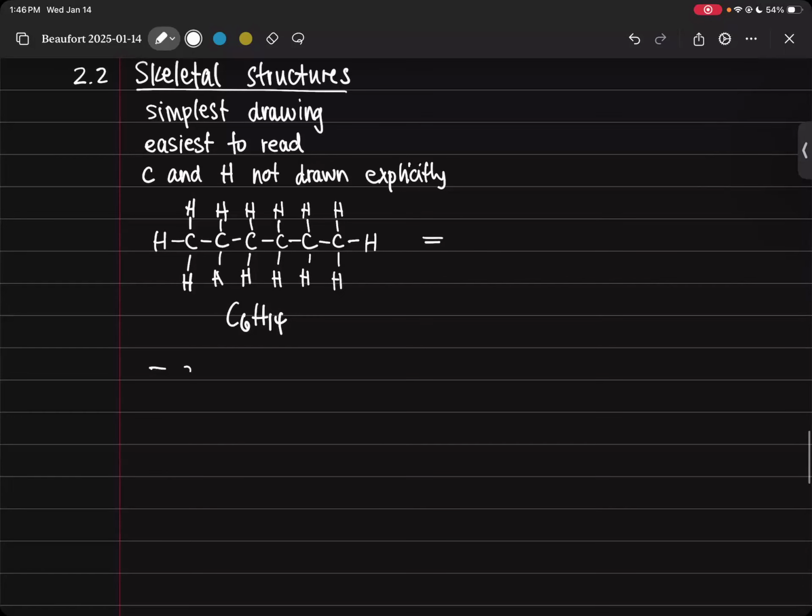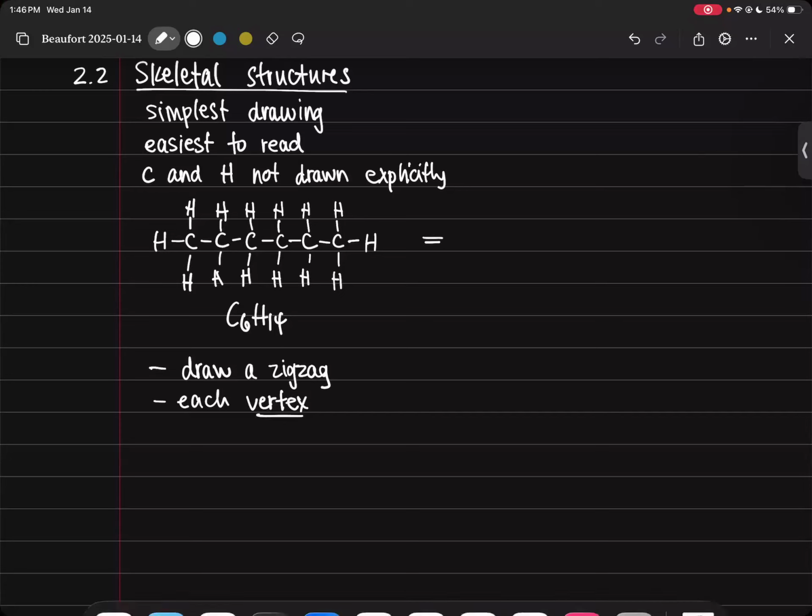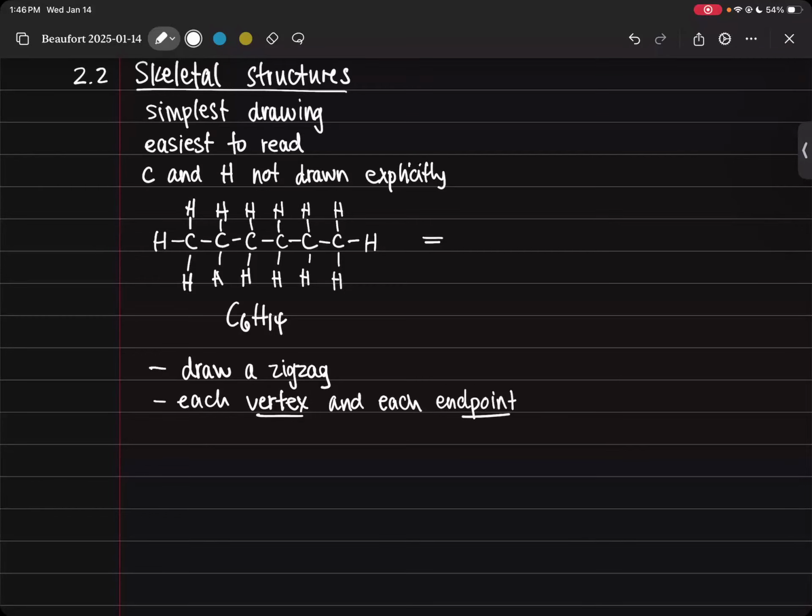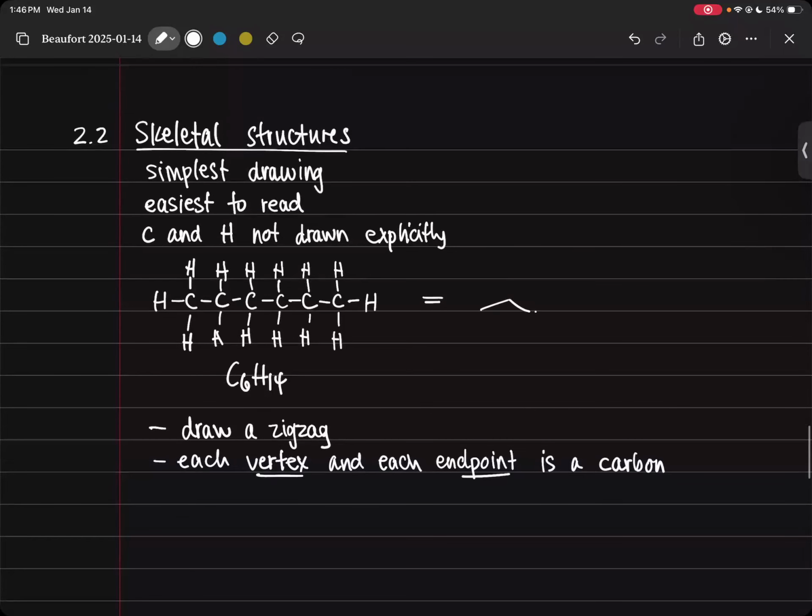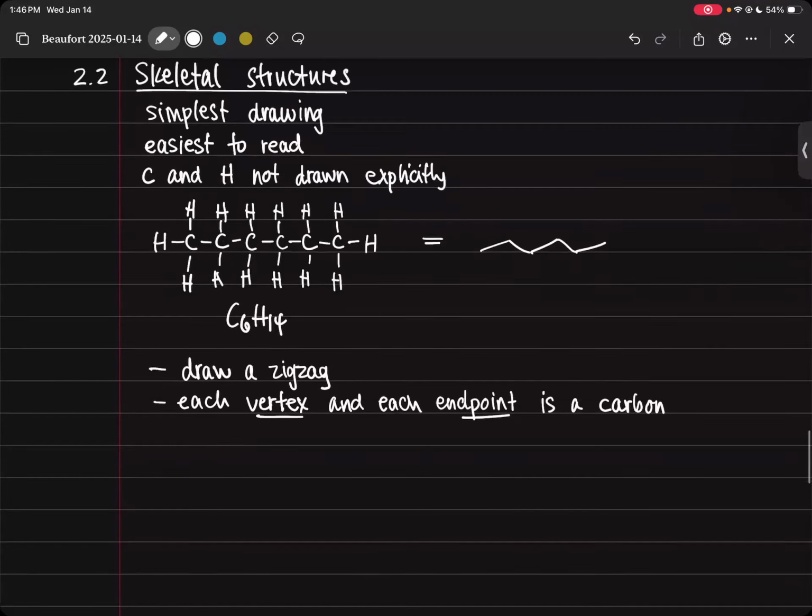So we're going to draw a zigzag. And in that zigzag, each vertex and each endpoint represents a carbon atom. So hexane looks like that.